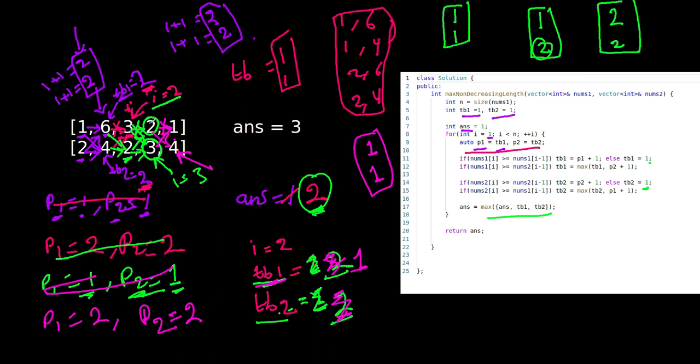From 2 to 4, 2 is less than 4. The value of p1 is 2, so 2 plus 1 equal 3. From 3 we can go to 4. p2 is 2, so 2 plus 1 equal 3. The maximum is 3.